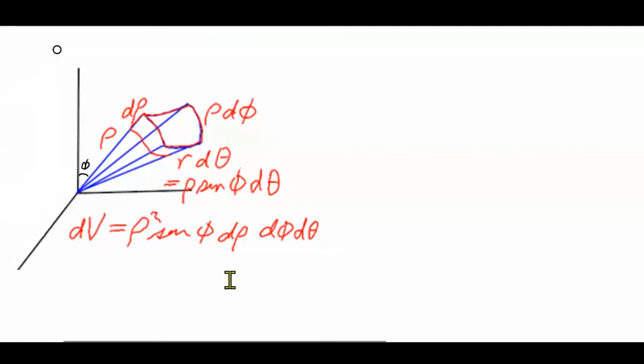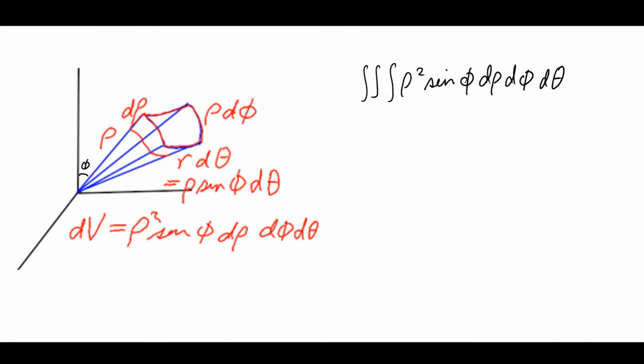So if you multiply this, and this, and the rho, you get this. Then we can integrate this. So in the triple integral, we have rho squared and sine phi and d rho, d phi, and d theta.